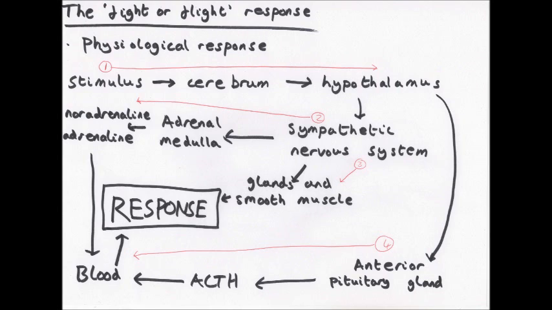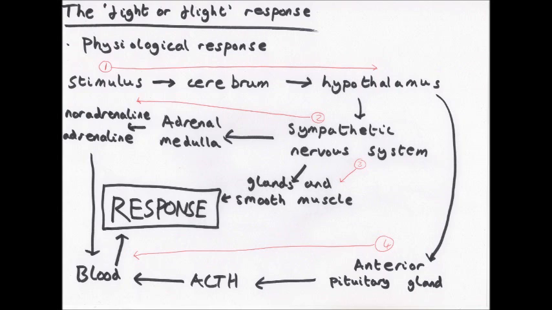This hormone stimulates the release of a number of different corticosteroid hormones from the adrenal cortex, and some of these hormones help the body to resist stressors, and the stressor is a stimulus that causes the stress response. It causes wear and tear in the body's physical and mental resources, so you don't want it happening too much. You want it happening a little bit to get the actual response started, but not too much. So the anterior pituitary gland releases ACTH, and that goes into the blood, causing a response.